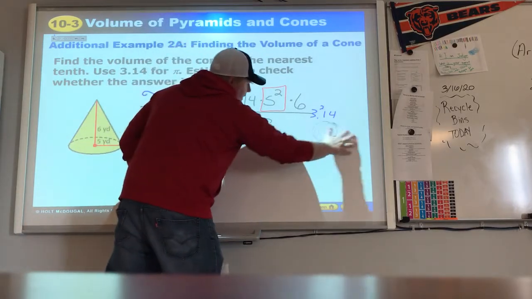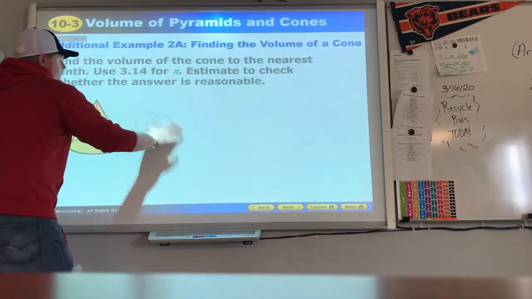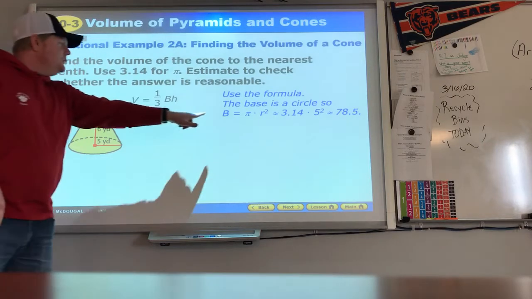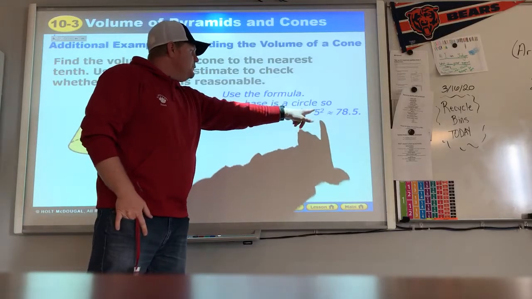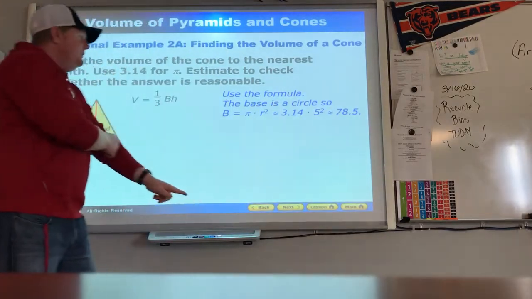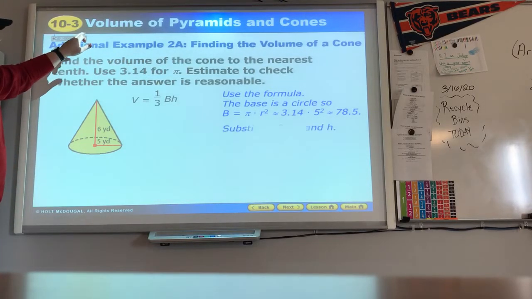Let's see what they come up with. Okay? So, base equals pi r squared, okay? So that would be 5 squared times 3.14, and that comes up with 78.5. Remember, they break down that B step and they put it there individually. Okay?